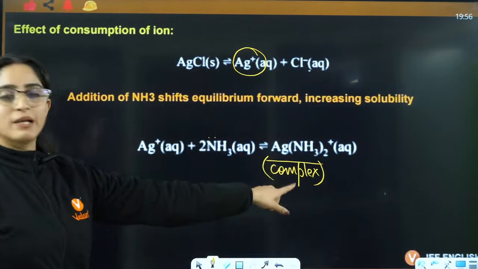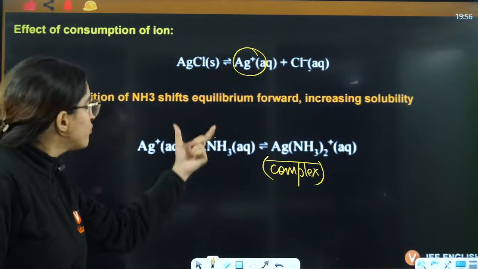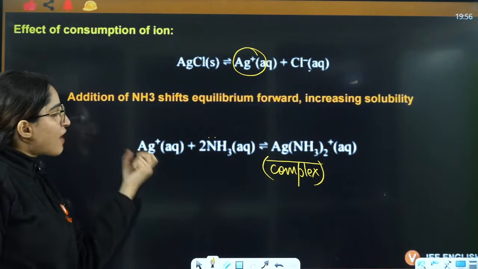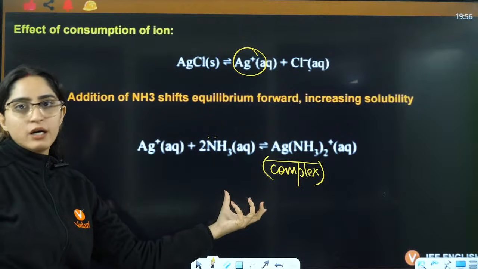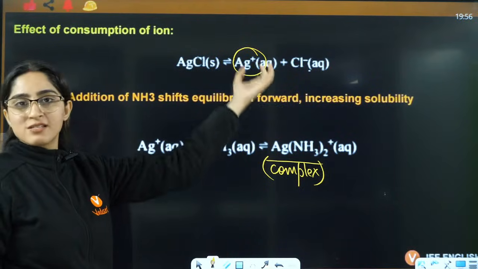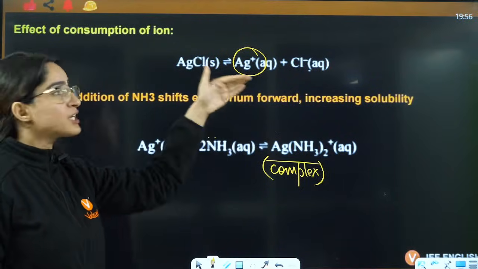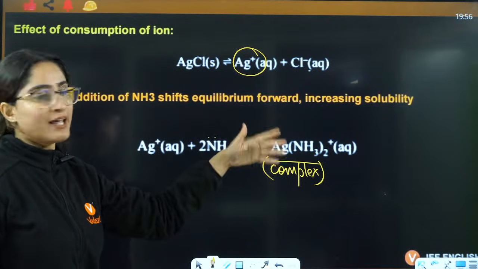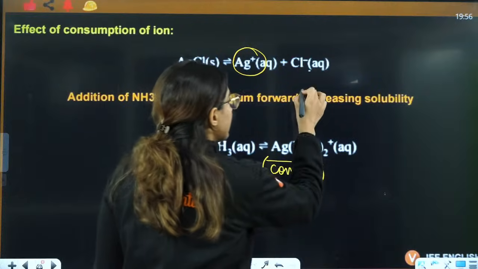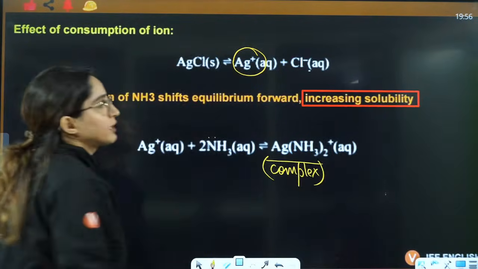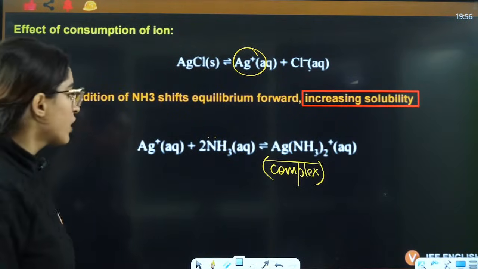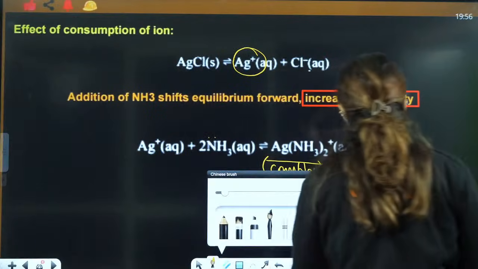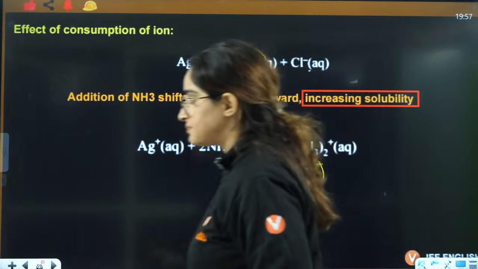The more stable this complex is, the more Ag+ ions will be eaten up by ammonia, and the less will be the concentration of Ag+ here. That is why, according to Le Chatelier, it will move further in the forward direction, so it further increases the solubility. This is the example of what we discussed here, right?